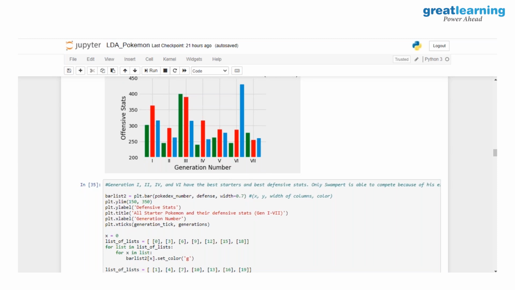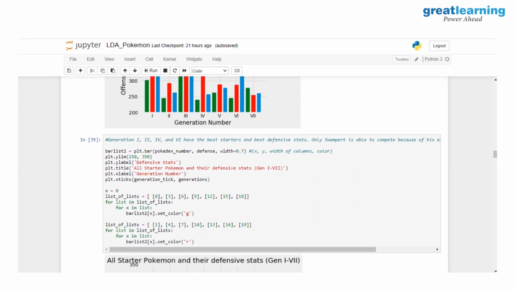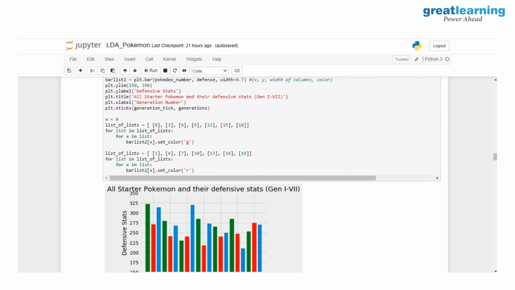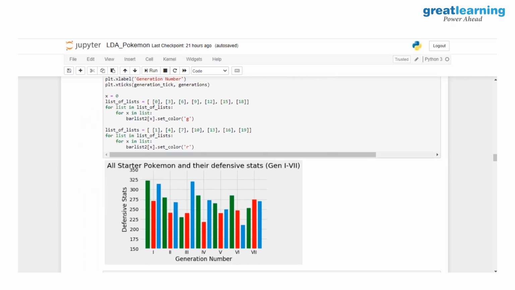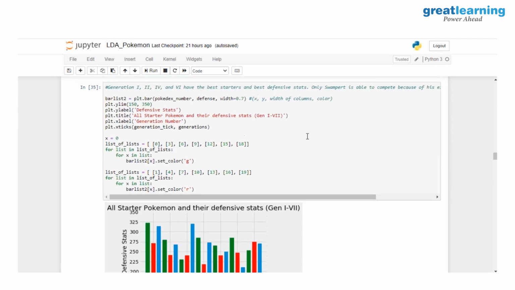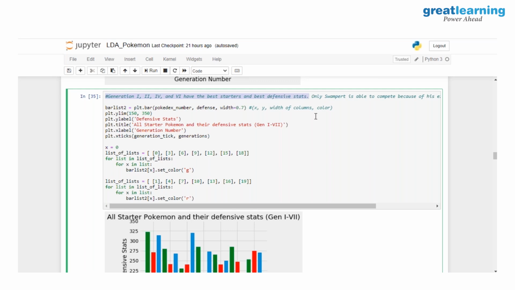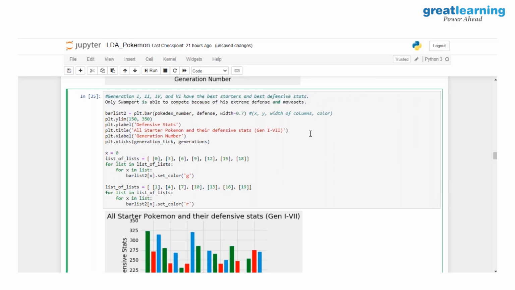And if we look at their defense stats, you would know that they pretty much always have been working with them. Now let me put all these things into perspective. Please understand this: generations 1, 2, 4, and 6 have the best starters and their best defensive stats. Let me just put this.